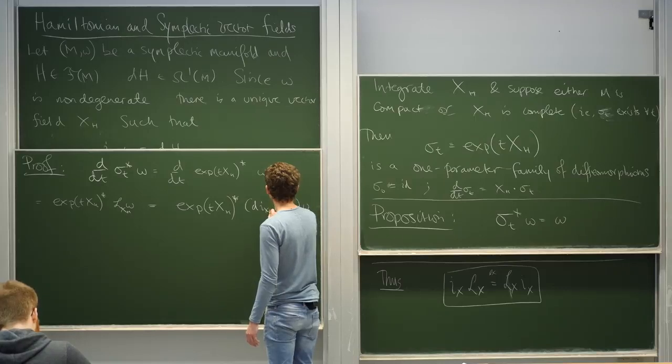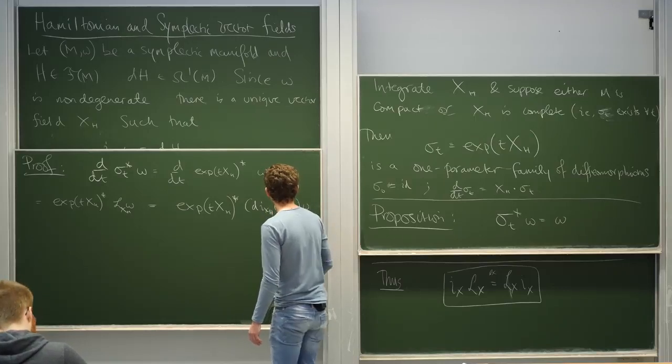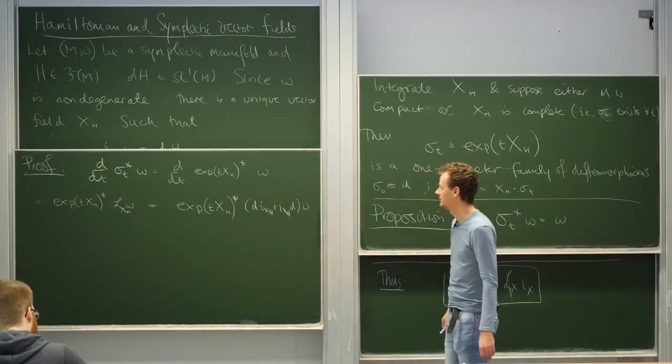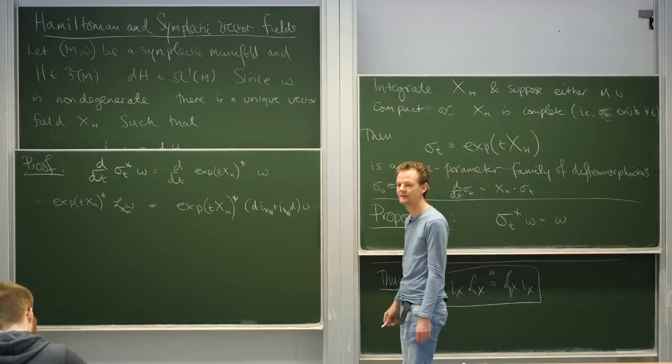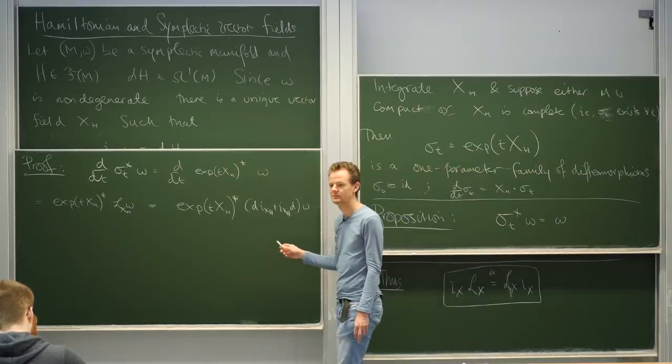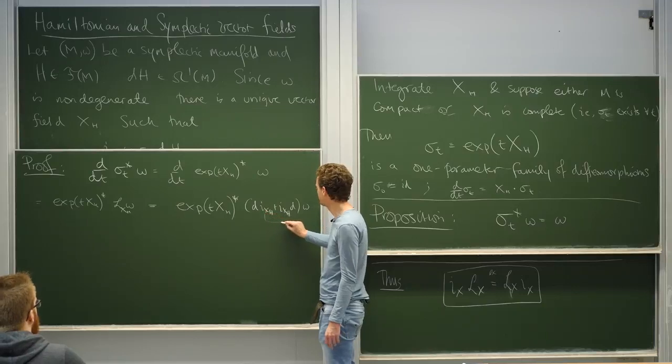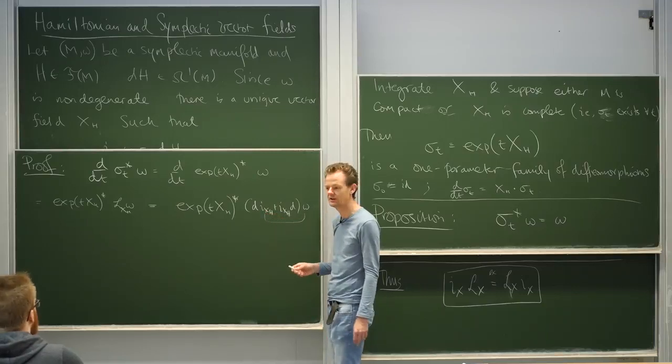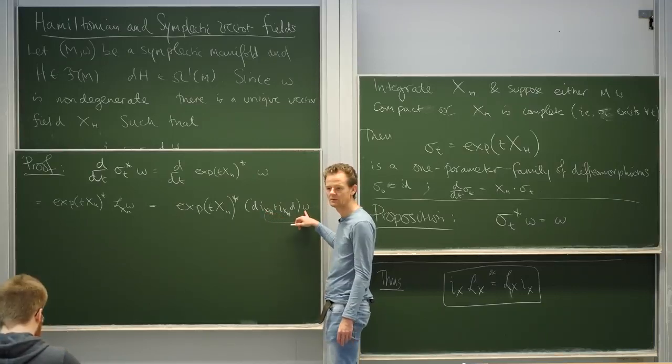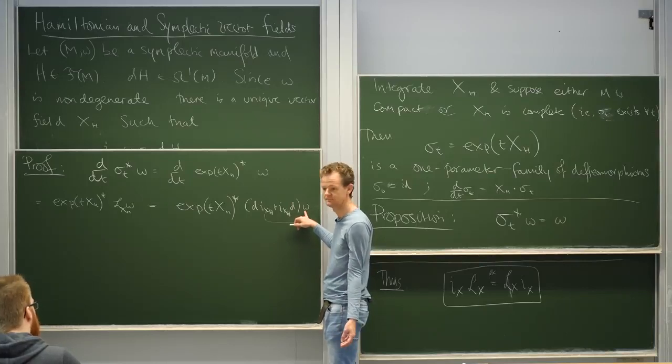Looks a bit like stars. Let's make them H's. Let's look at this now. So the interior product of the vector field X_h on omega, well, the very definition of that is dH.